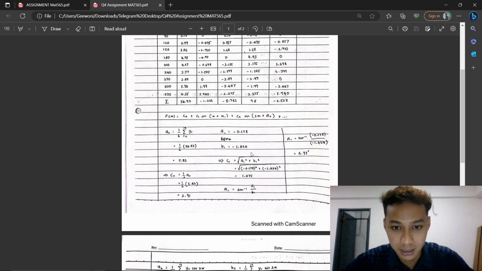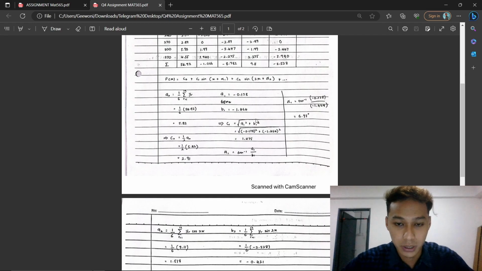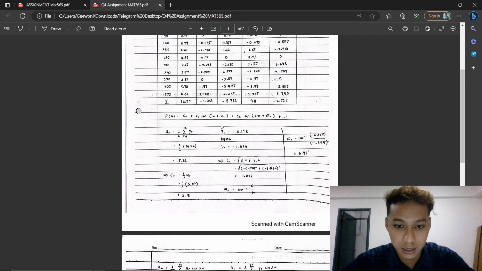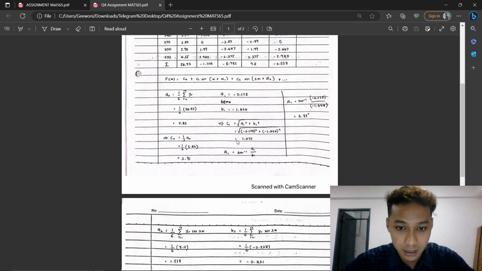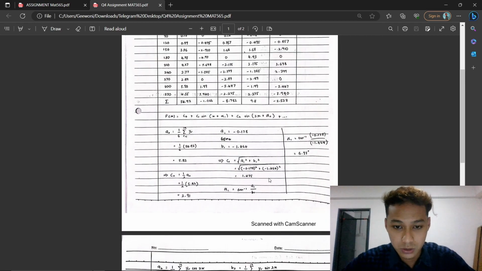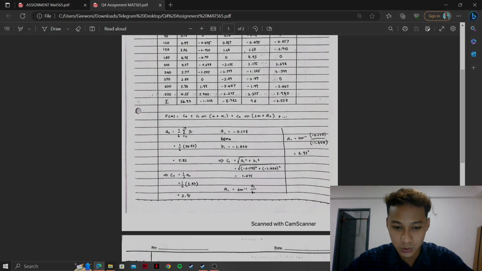So we just insert the numbers into the formula, and we get the answer 1.475. Now we have to calculate alpha 1, and the formula for alpha 1 is tan inverse of A1 over B1. Again we insert A1 and B1 into the formula, and finally we get the answer, that is 6.93 degrees.